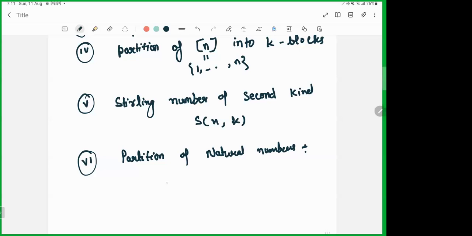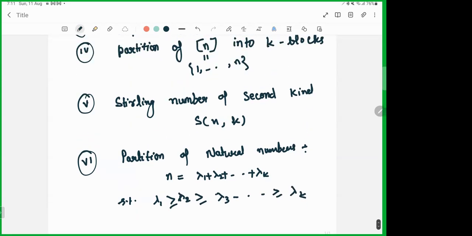Any natural number n has a partition in the form lambda 1, lambda 2, lambda k, such that n is the sum of lambda 1 plus lambda 2 up to lambda k, where lambda 1 is greater than or equal to lambda 2, greater than or equal to lambda 3, and so on, greater than or equal to lambda k.